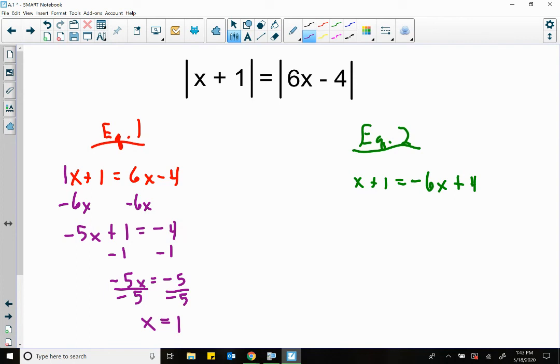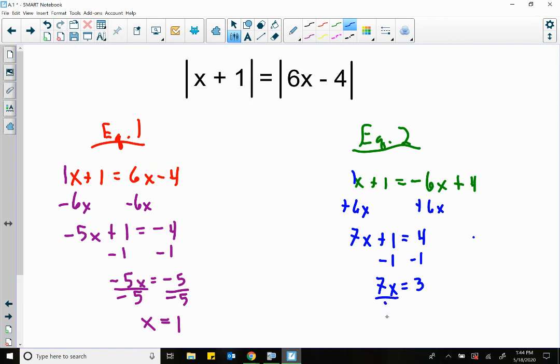Working equation 2. I'm going to add 6x this time. Because how do I get rid of a negative 6x? I add it. Again, there's a 1 there. So this becomes 7x plus 1 equal to 4. Now I will subtract 1. So 7x equals 3.